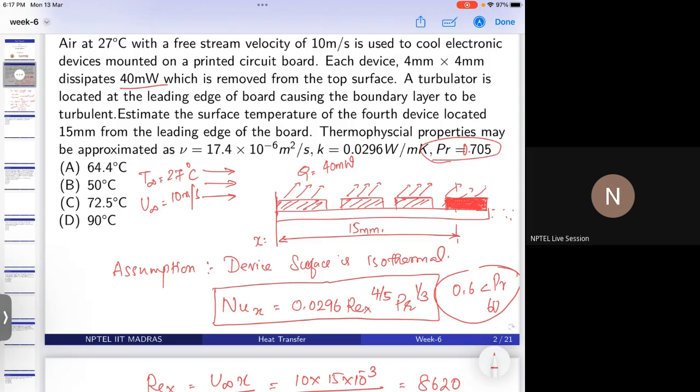I don't remember the equation, but for liquid metals where the Prandtl number is very low, there is another equation. You have to check which range the Prandtl number falls in. If you are following Incropera, it's clearly written, so if you have further queries, you can refer back to that text.